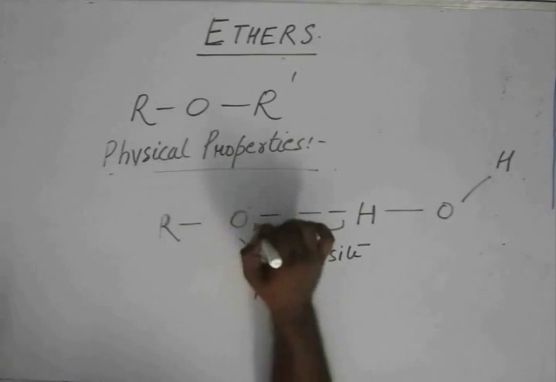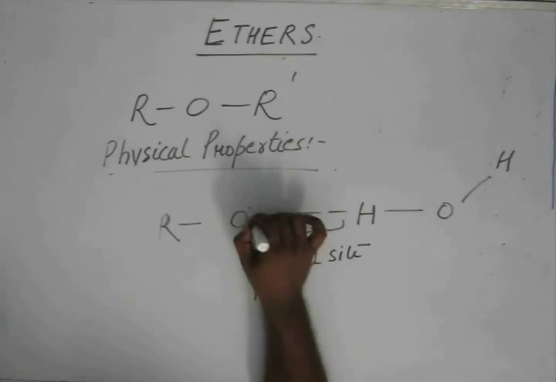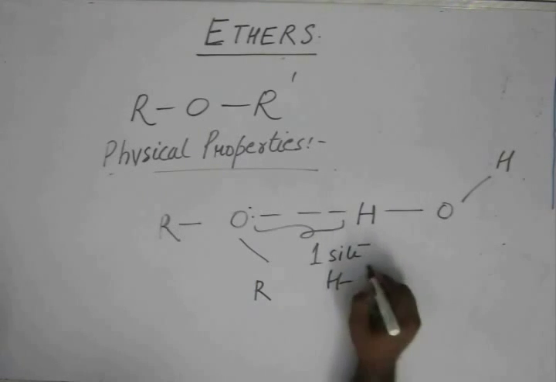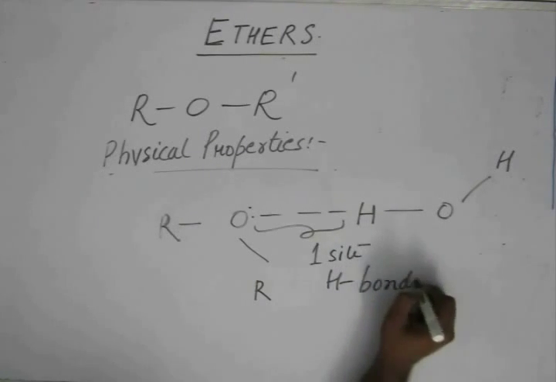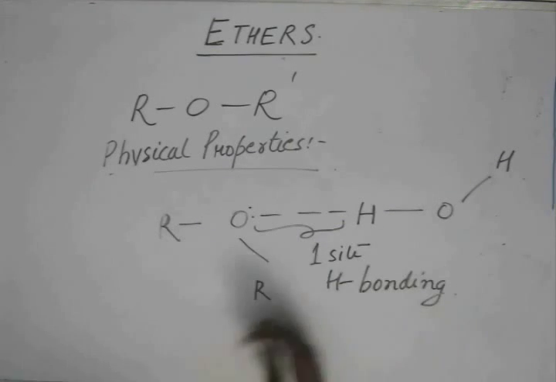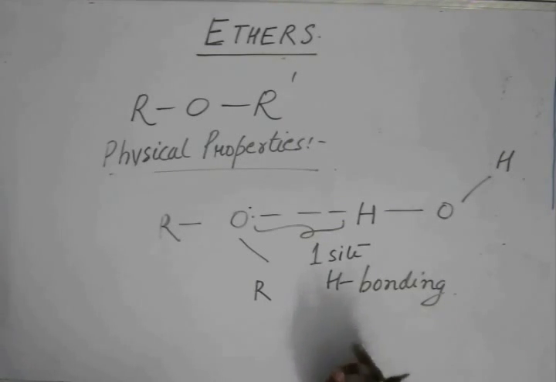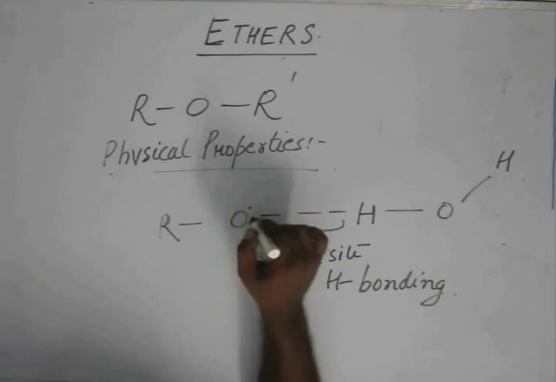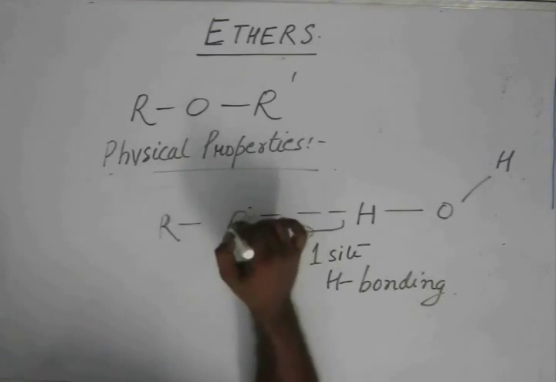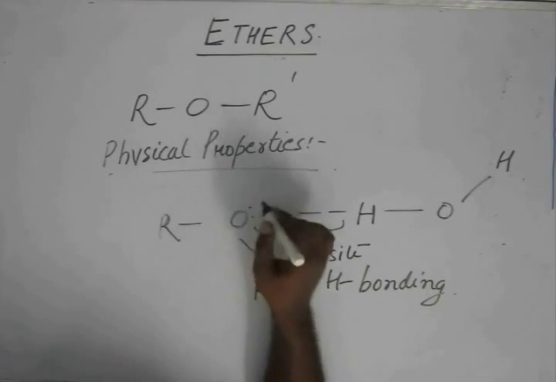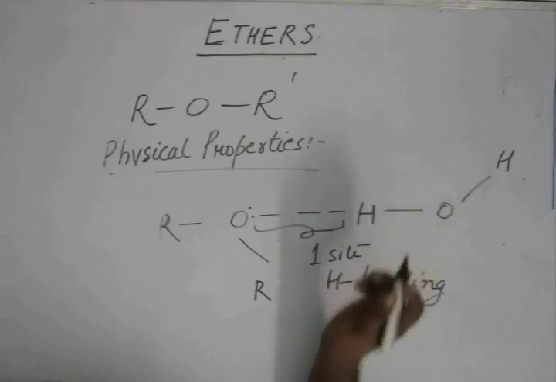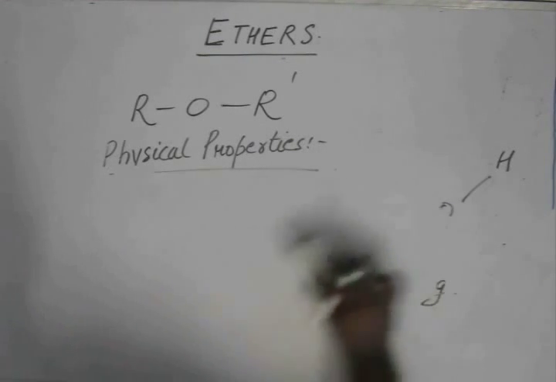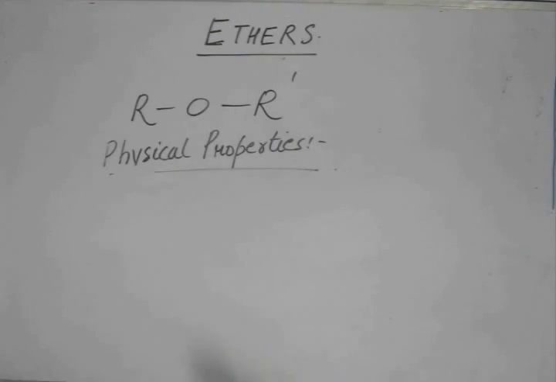So one ether molecule can have only one hydrogen bonding site. Hope it's very clear from the diagram shown. In this ether we have no other oxygen that can combine with any other hydrogen. Alright, okay, fine.